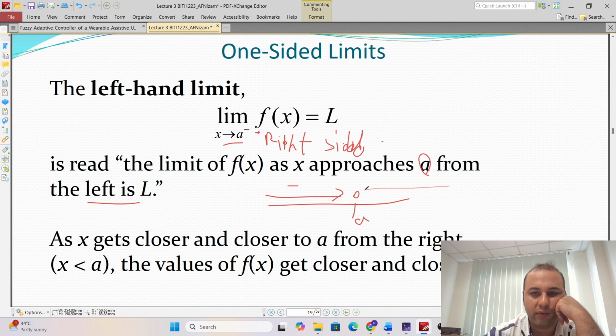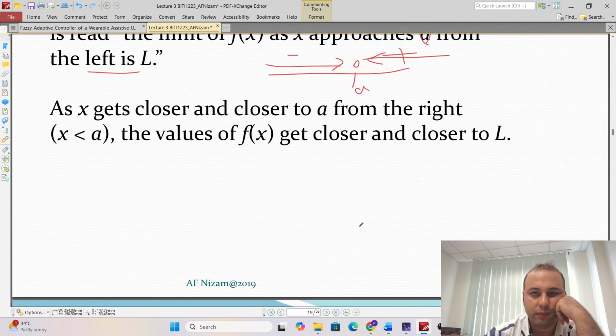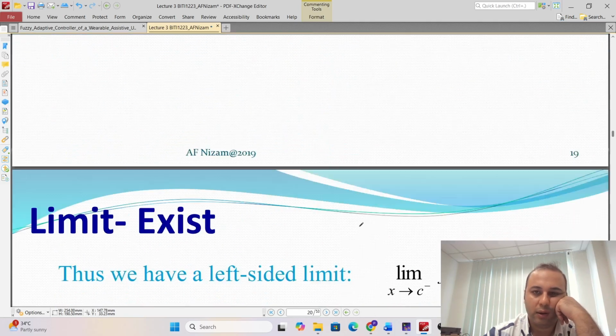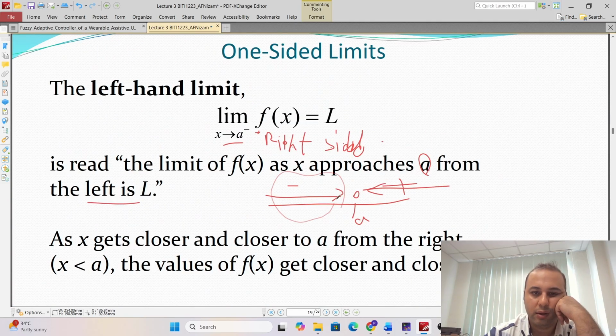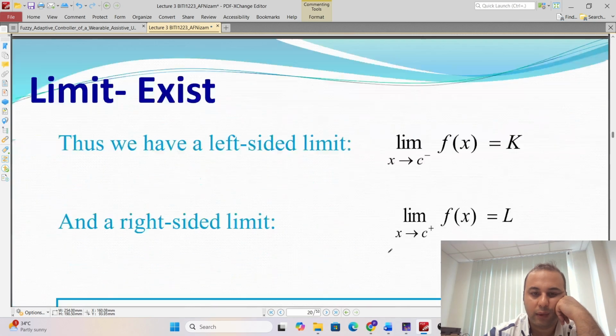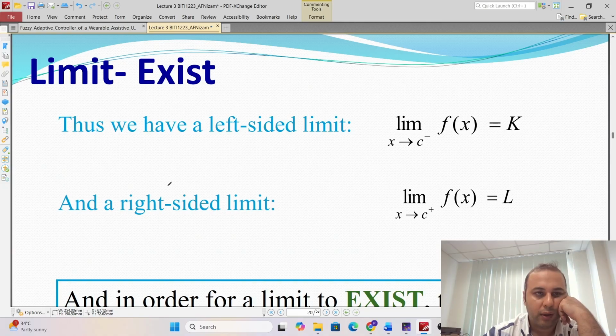This is minus. If from the right, it is positive. So this side is x less than a, not equal. From the other side x is bigger than a. Thus we have left-sided like this, right-sided like this.